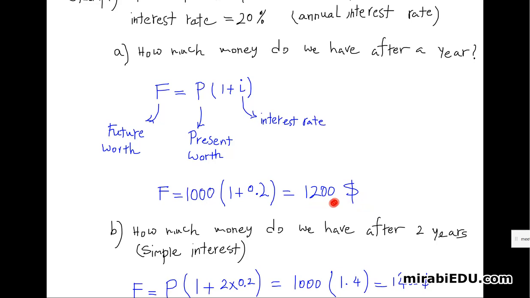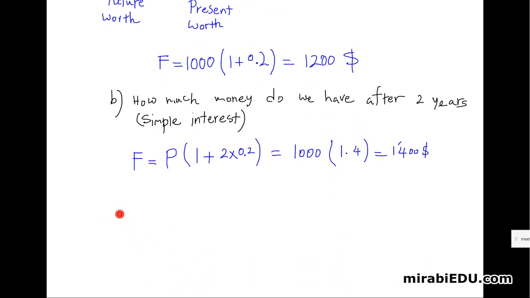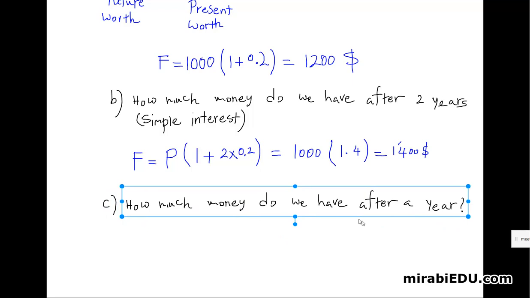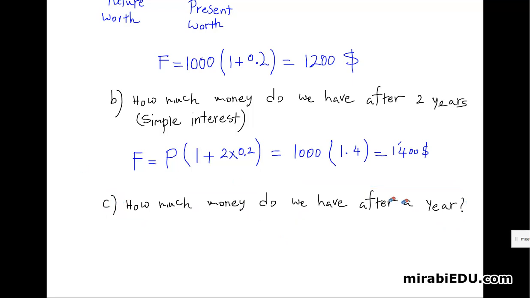Okay, so let me write here what you said. So here is the same question. How much money do we have after 2 years? This time, after 2 years, we want to consider compound interest.